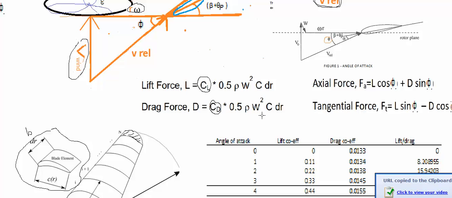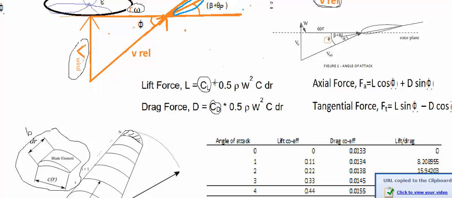When we say velocity squared, it is the relative velocity. Since this is a wind turbine, we have calculated this, but if it's an airplane, then the relative velocity between the wind and the airplane would be quite higher, isn't it? Anyways, we then multiply it by the area, which is our chord multiplied by the width. It's dr, but it's actually p, isn't it, right here?